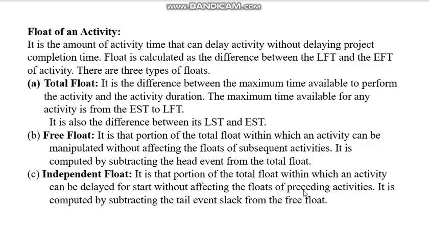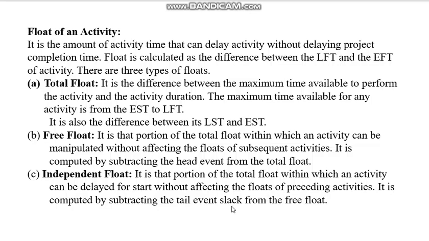So that portion of the total float within which the activity can be delayed so that the preceding activities will not be affected is called the independent float. You can compute it by subtracting the tail event slack from the total float.